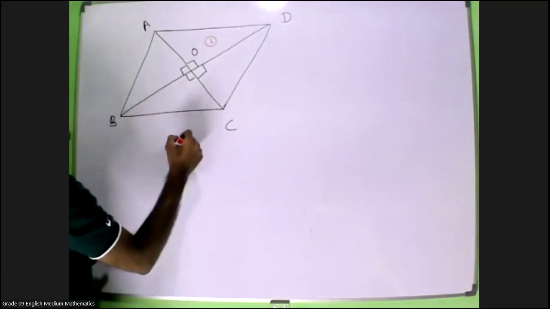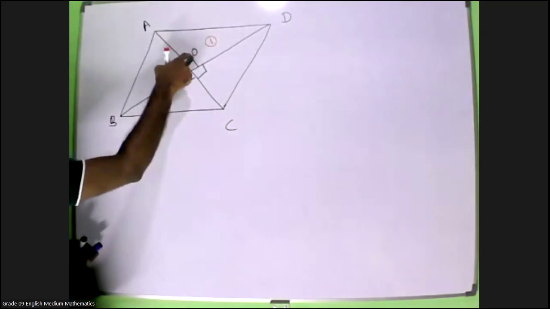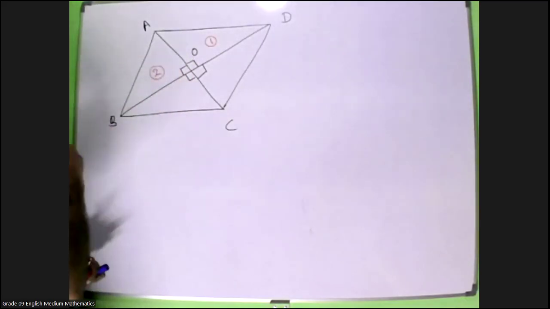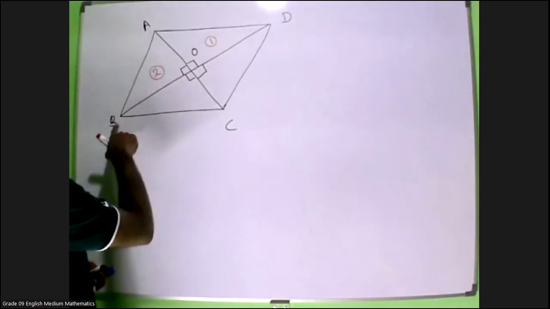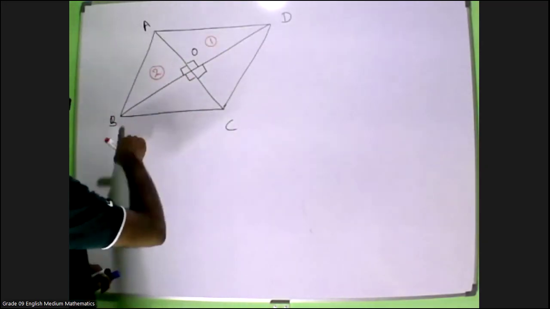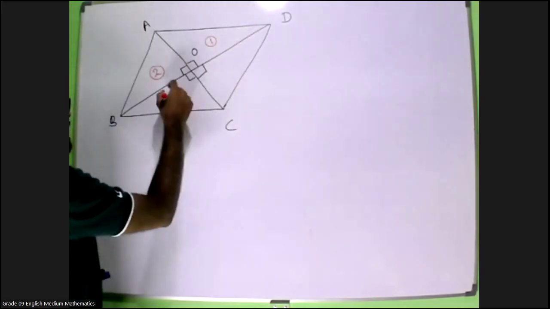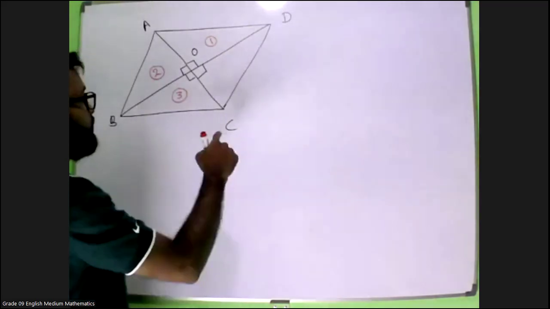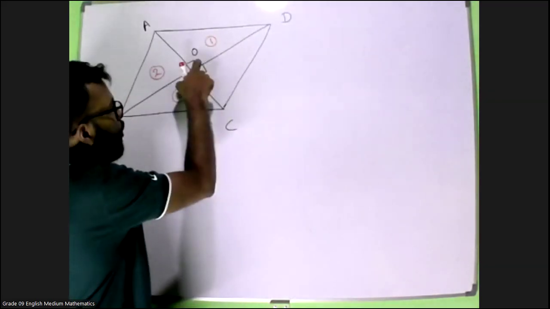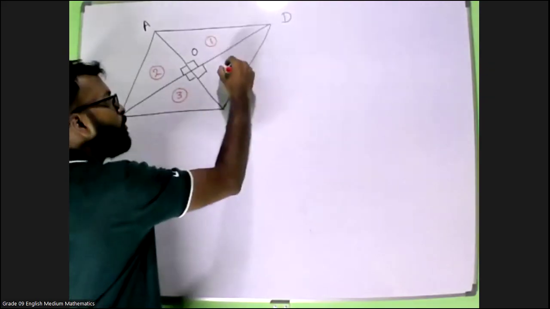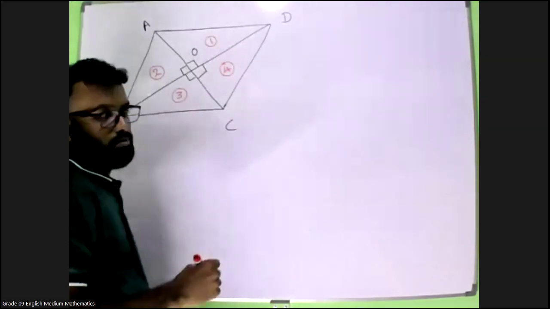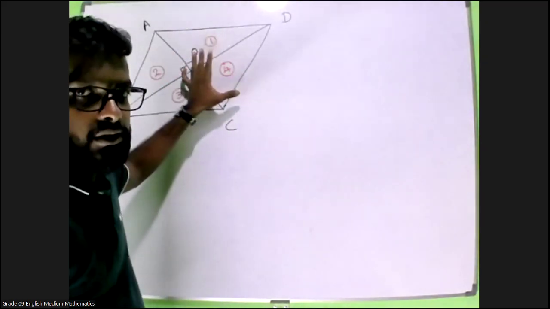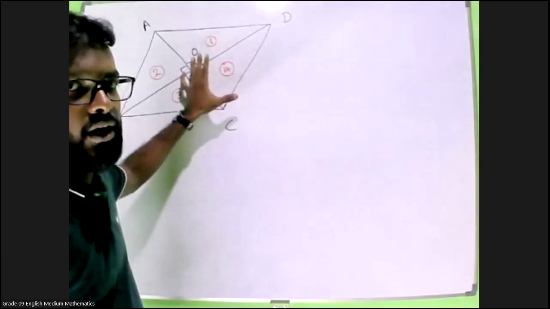AOB is my second right angle triangle. BOC is my third right angle triangle. COD is my fourth right angle triangle. So only these four right angle triangles can be identified.